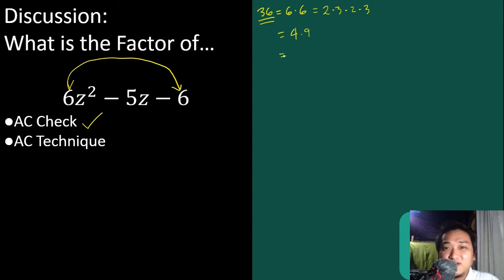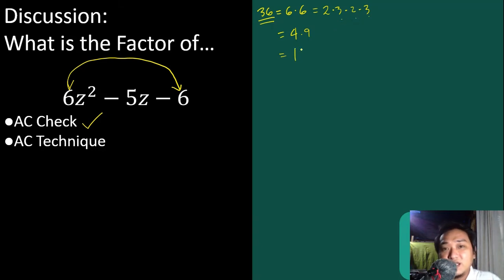Ganun. Oh, so what else? Ano pa yung factor ni 36? Taken from these prime factors, ano pa kaya yung magiging factor ni 36? We can make use of, what is that? 3 times 3 is 9 times 2 is 18.